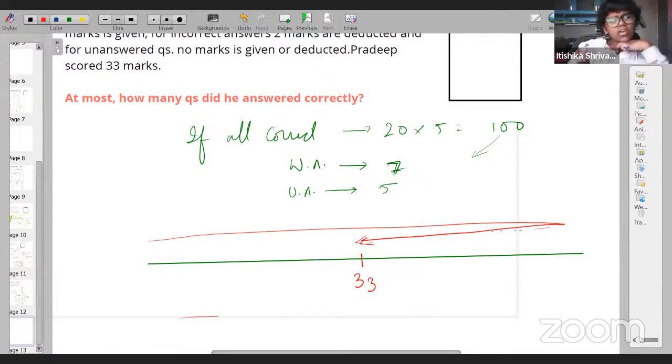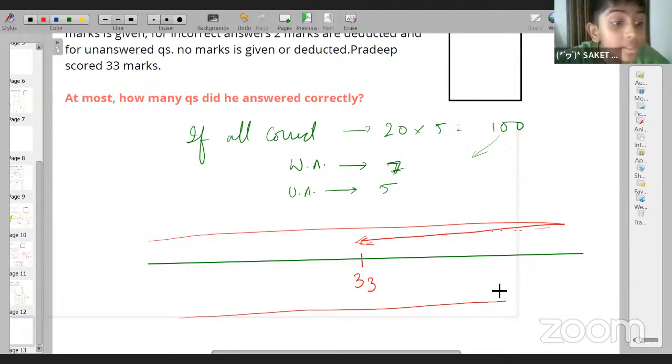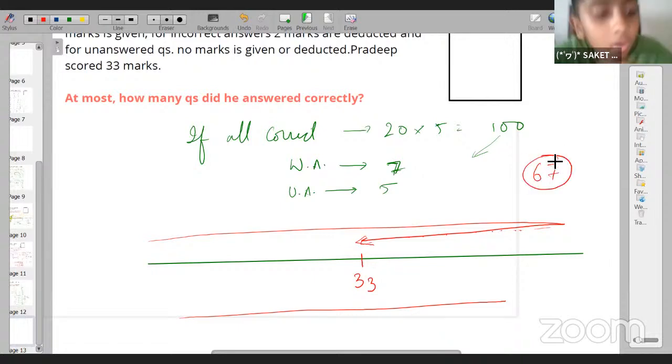To get the maximum number of questions answered correctly, you use unanswered the most. That way there will be more space for answering correctly for points. So 100 minus 33 is equal to 67.